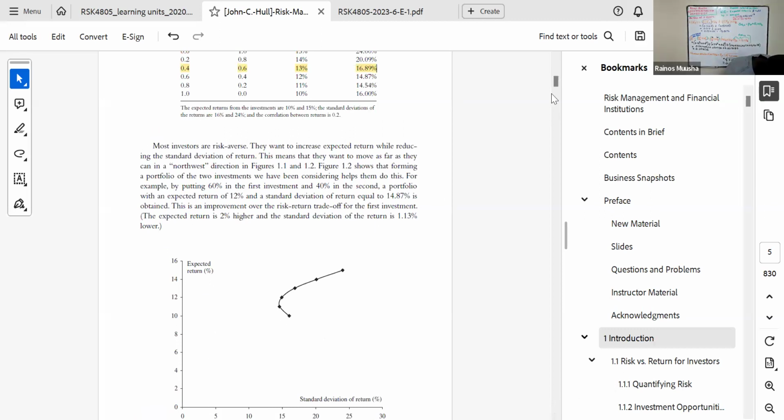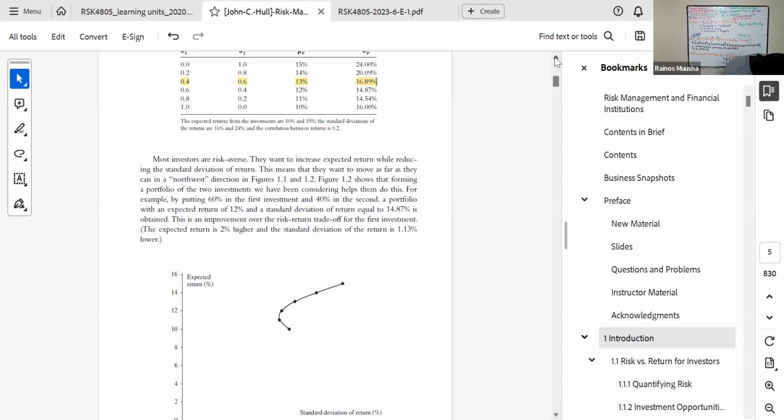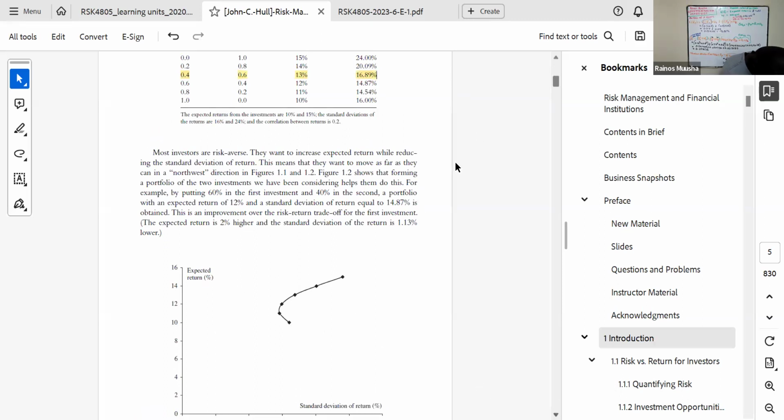Which one is which here? For example, if you plot this information on the graph... The lines.